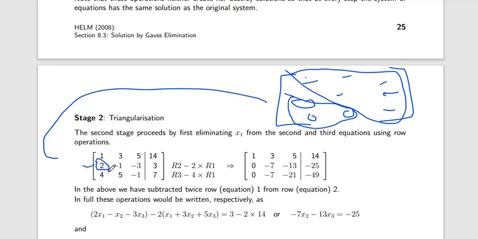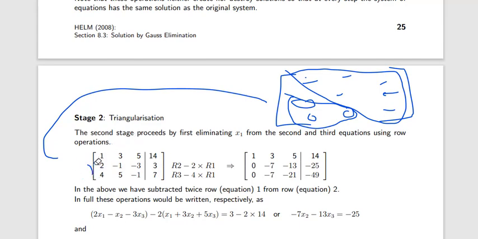How you do it is not the point. You can use different types of row operations. Either you can multiply this first row and then subtract, or you can divide by 2 and then subtract from this row. We want this as a 0.